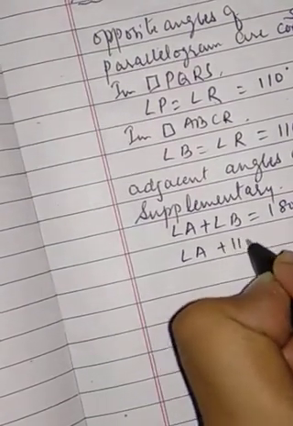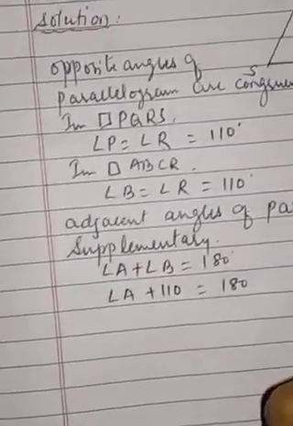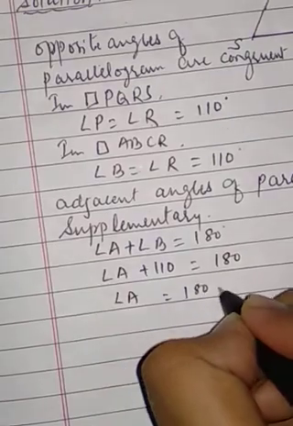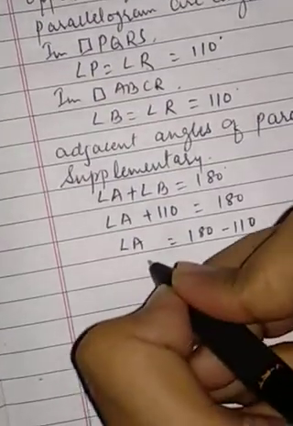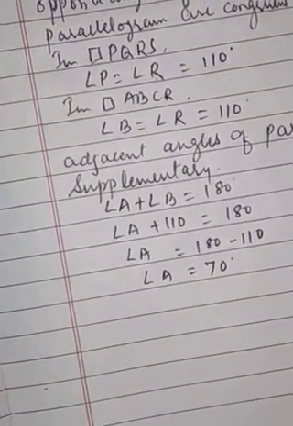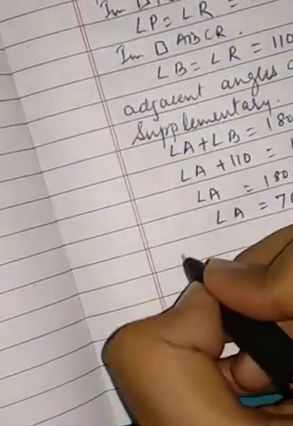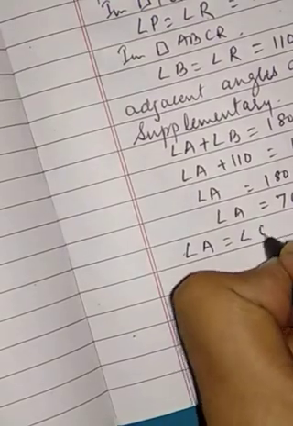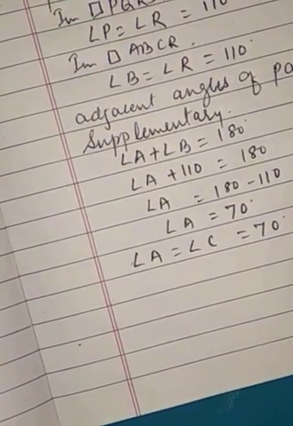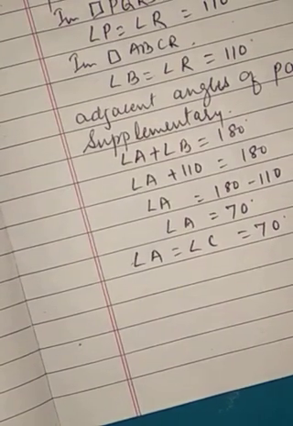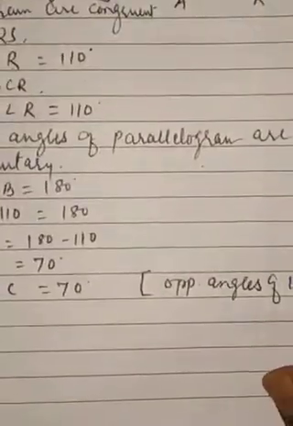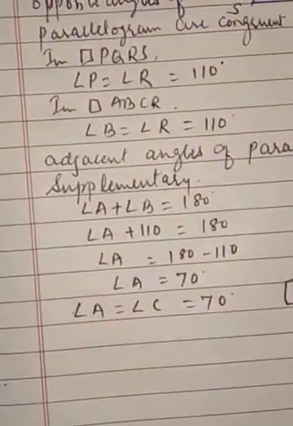Angle B is already known, 110. So you can write angle A is equal to 180 minus 110, that is angle A is equal to 70 degrees. Okay, so angle A is equal to angle C is equal to 70 degrees. Same reason, opposite angles of parallelogram. Is it clear?